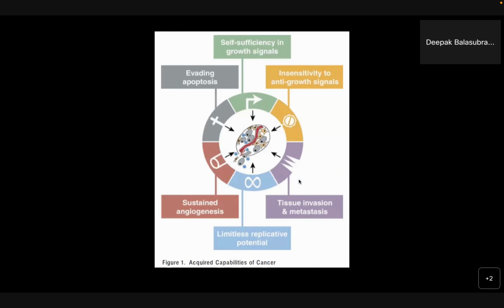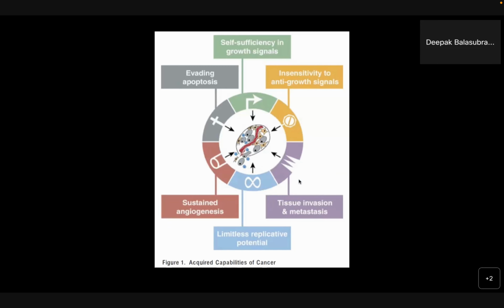Then the tumor has the potential for tumor invasion and metastasis. This is done by circulating tumor cells which evade capture by the immune cells. Then the tumor has limitless replicative potential because of the presence of stem cells as well as changes in the telomerase of the cancer cell.